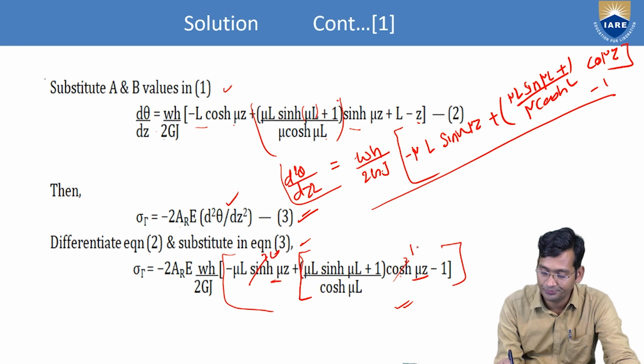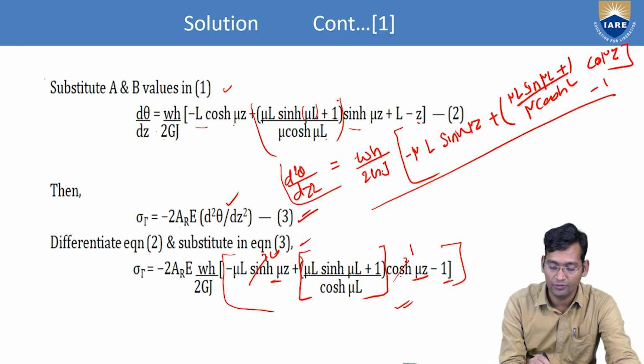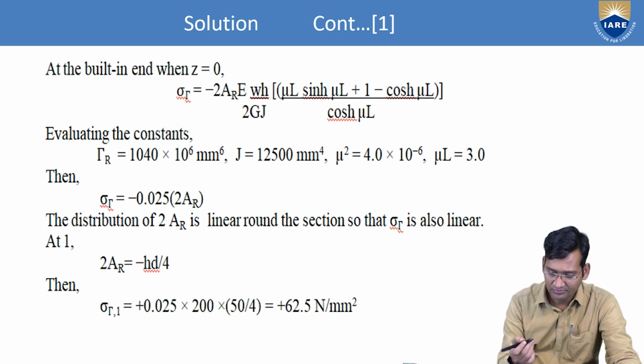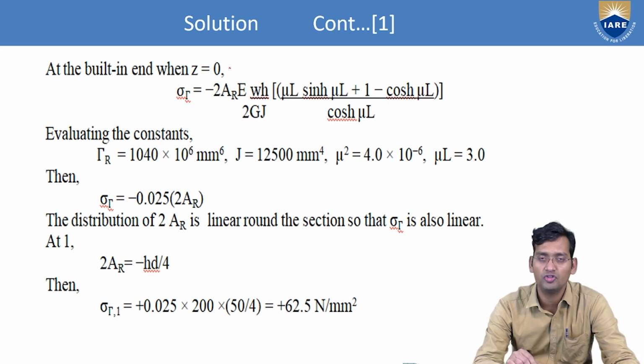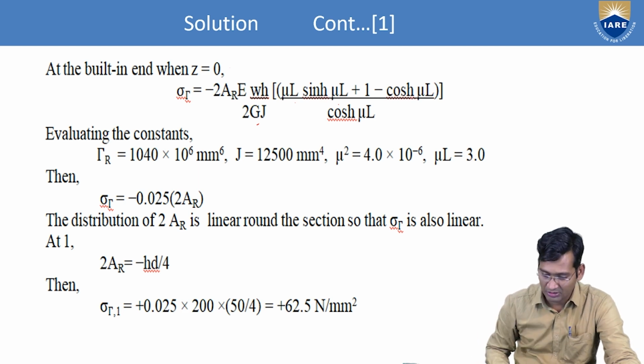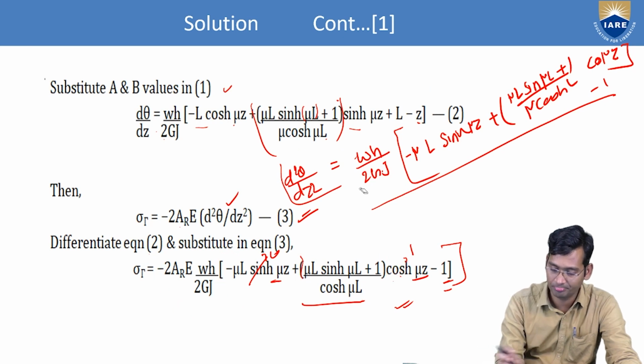This term, and minus 1. So this into this term minus 1. So after putting z equals 0, what we got? Sigma t equals minus 2ARE WH by 2GJ into μL sinh μL plus 1 minus cosh, after taking LCM. So or in a simple way, let me solve this one first.